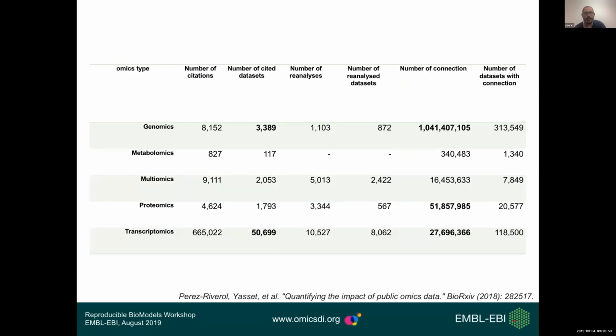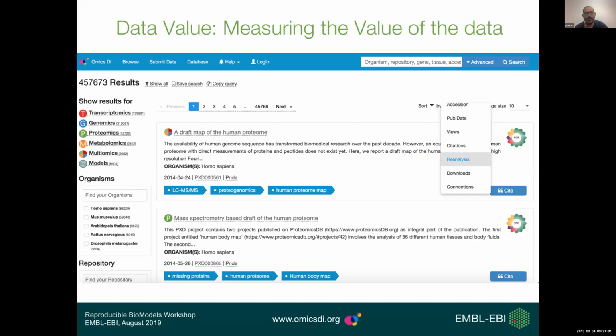I am skipping a couple of these slides, but what you can actually see, for example, is you can go to OmicsDI. I should have said this at the very beginning: www.omicsdi.org. You can go there, and now you can enter your queries, for example, proteomics, and then you can sort all the data sets that are out there in proteomics.